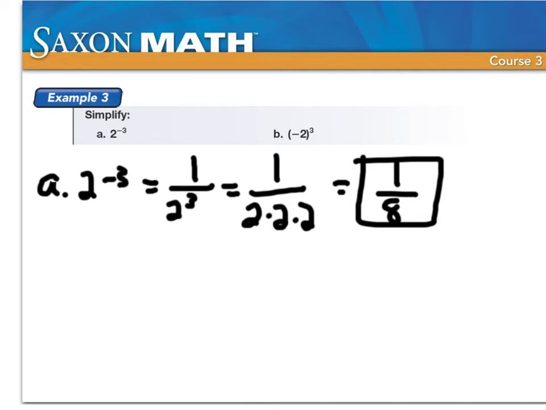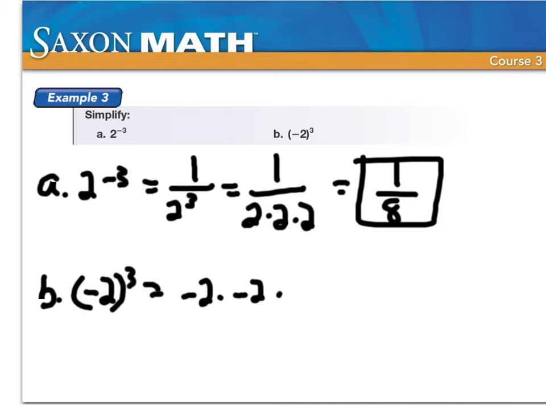Okay, now let's look at B. B says negative 2 to the third power. Well, my exponent's positive, so I don't need to do any flipping over like I did up here. Okay, so since the exponent is positive, I'm just going to take negative 2 times negative 2 times negative 2. Negative 2 times negative 2 is 4, and 4 times negative 2 equals negative 8.